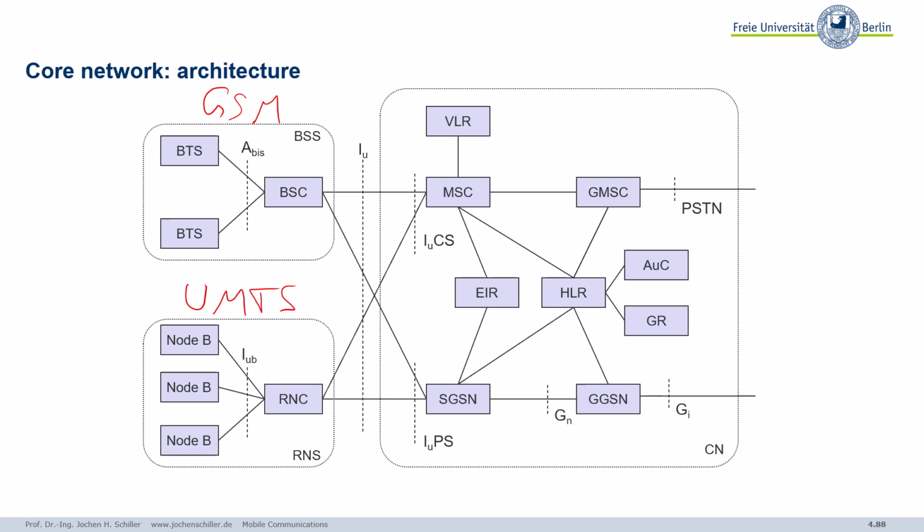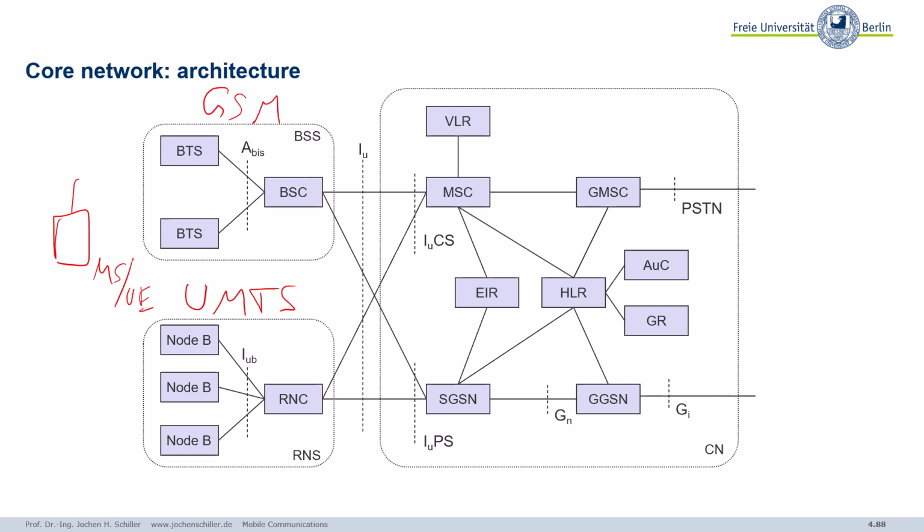But that also means for a mobile station or user equipment, you can roam, hand over from a BTS to Node B and vice versa, if this is supported by the operator. So that depends on the operator. But look at the standards, it's feasible.